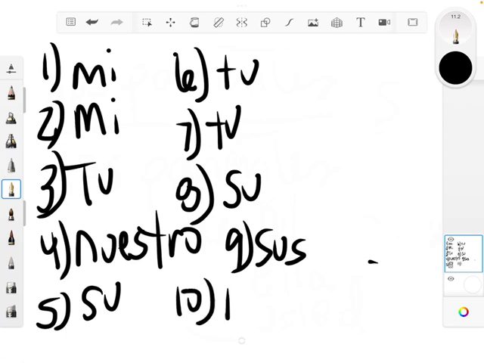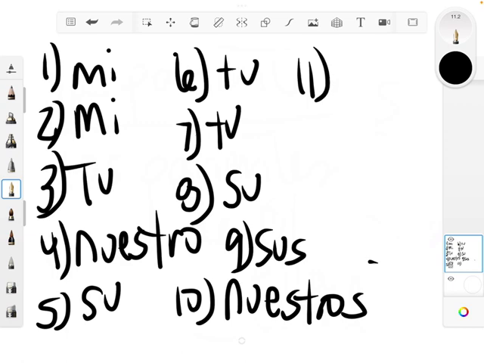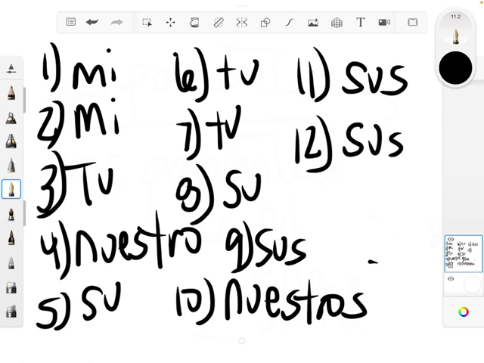Nuestros hermanastros son sus gatos because it matches gatos. And 12, sus nietos son japoneses.